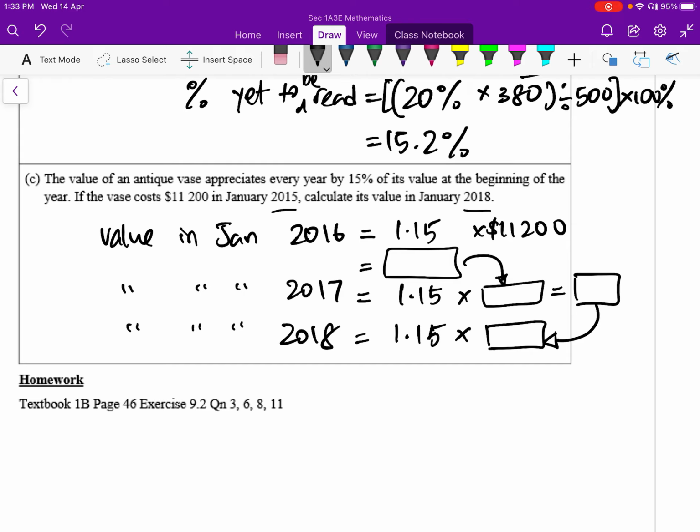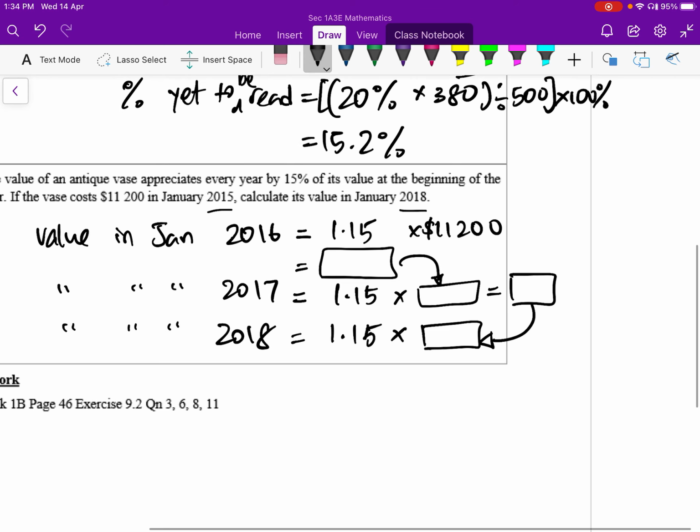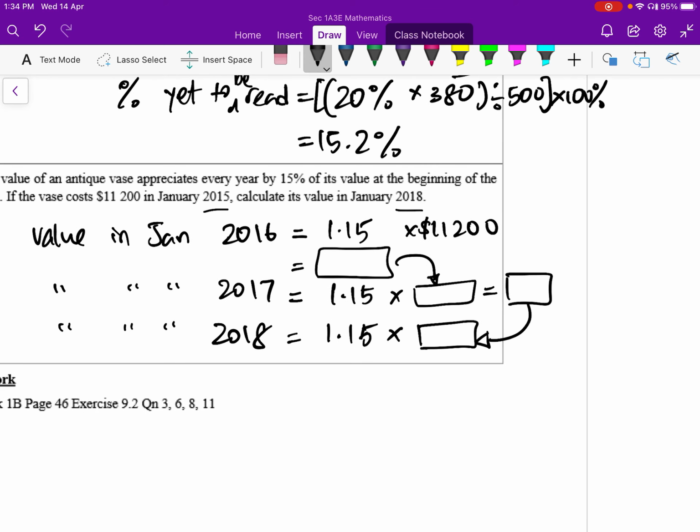And finally in 2018, 1.15 times the previous answer, you get a new answer. You probably realize that got a lot of decimal places happening already. Got a lot of digits. Round it off finally to 2dp.